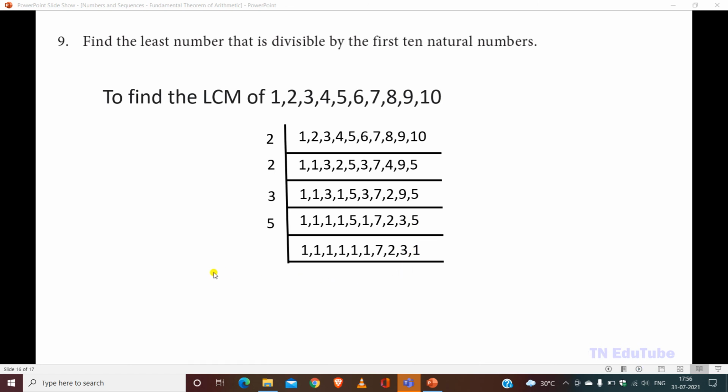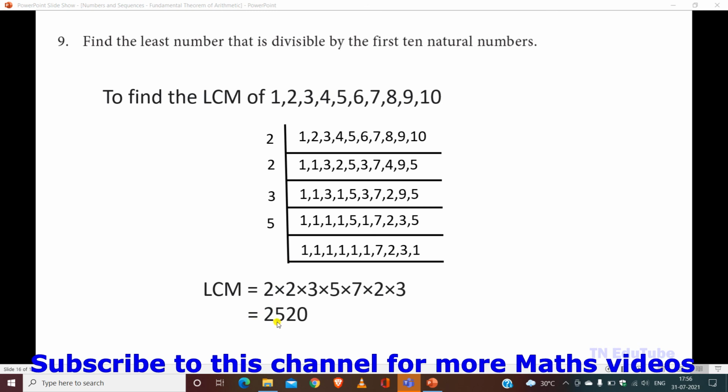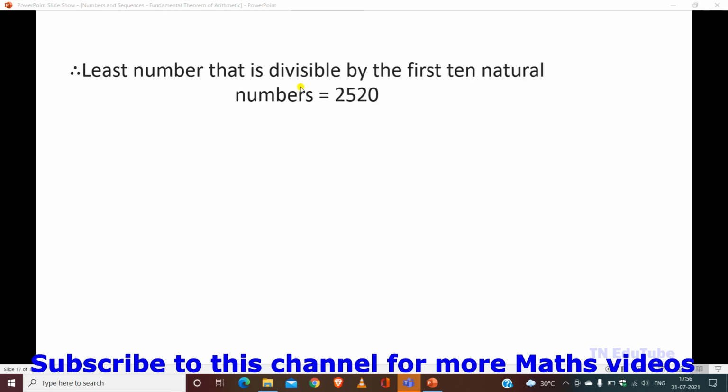So the LCM of these 10 numbers is 2 into 2 into 3 into 5 into 7 into 2 into 3. So when you are multiplying these numbers, you get 2520. So the least number that is divisible by the first 10 natural numbers is 2520. That is the answer for the given question.